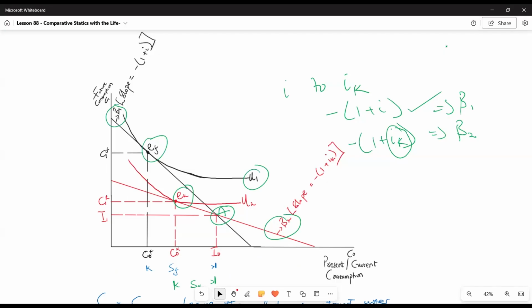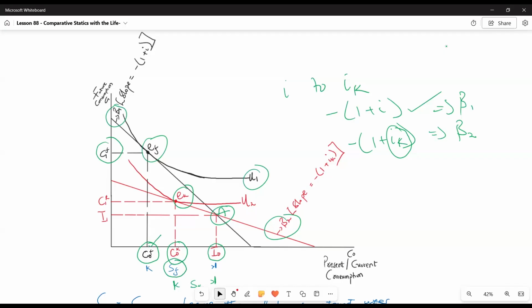So his present consumption is now C0K, where his previous consumption was C0F. Because of the decline in interest rates, Samuel's savings in the present falls. His previous savings was the difference between his income in the present period and his consumption in the present period, which we can denote as SF.